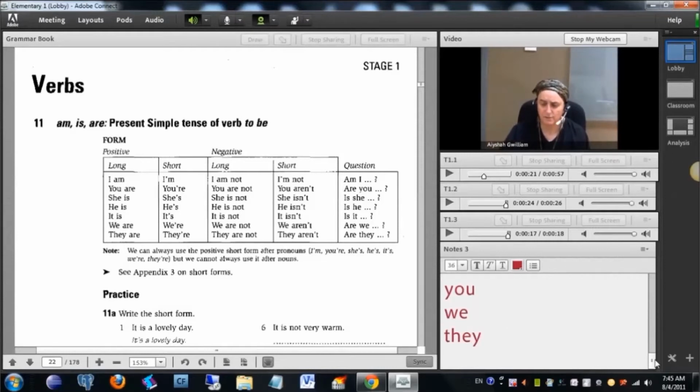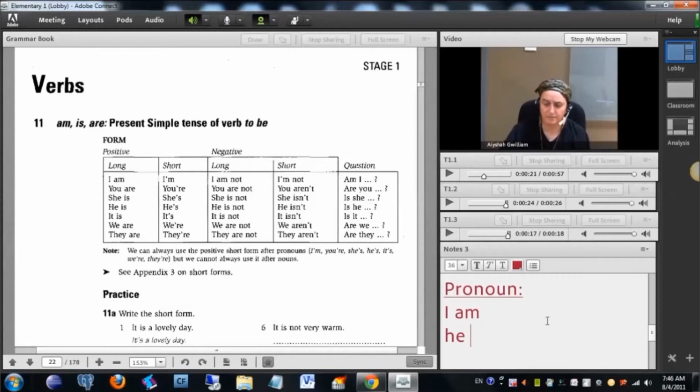These are all pronouns. And when we have a pronoun, we usually follow a pronoun with a verb to be. Now, the verb to be for I is am.